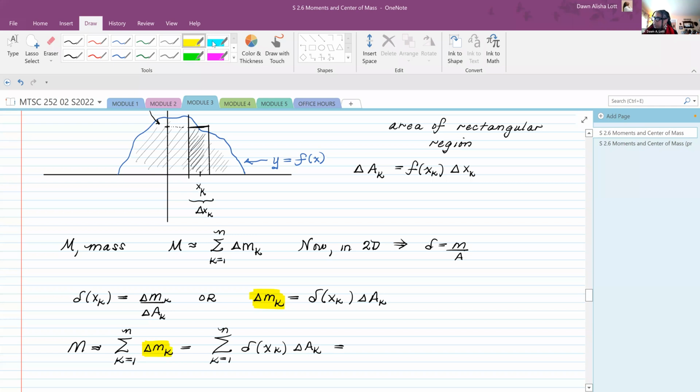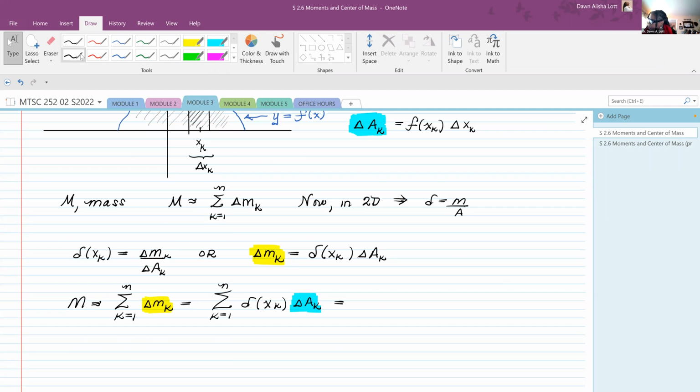But now I have something even more cool. I already found out what this is. This is this right here. So now I can put that in there and get the sum, k equals 1 to n, of delta of xk, and then I'm going to get f at xk times delta xk.